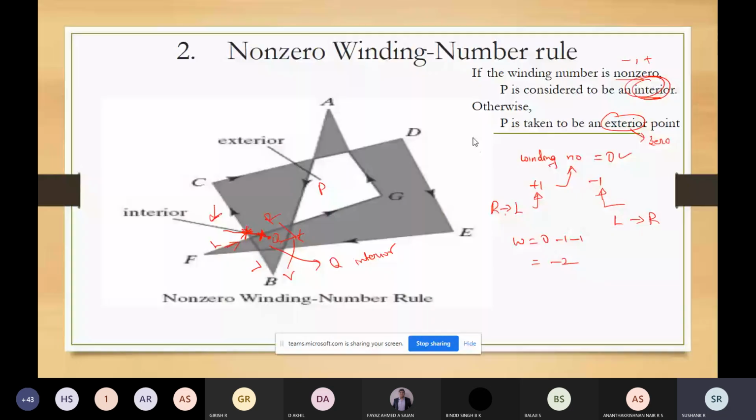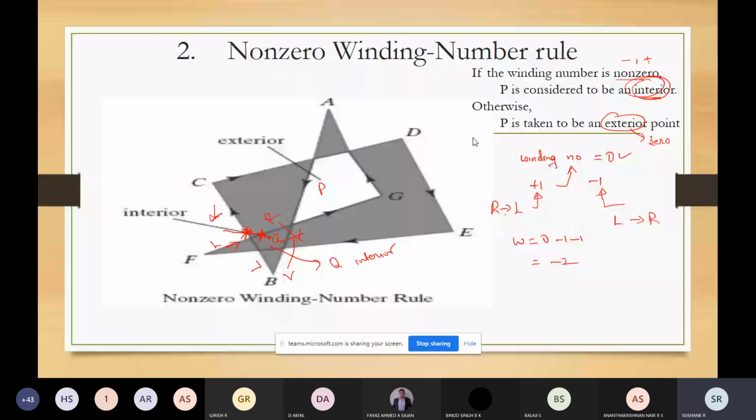Any doubts with respect to these two rules, the inside-outside test and the non-zero winding number rule? So you should be interactive. Any doubts? Yes or no? No. Okay.